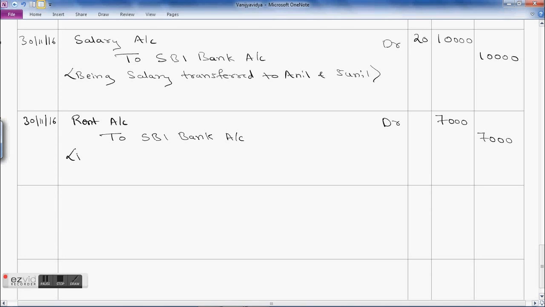Okay, being rent paid to Rakesh by check number so and so, dated so and so. Okay, so 21 is a transaction number.